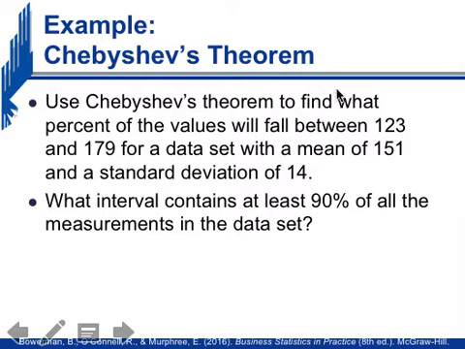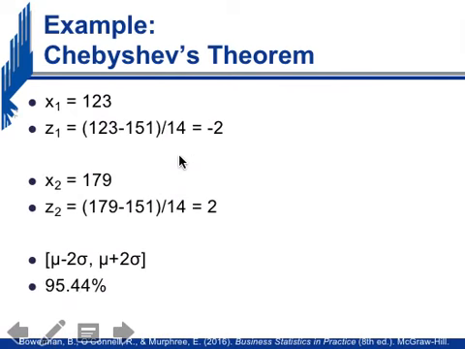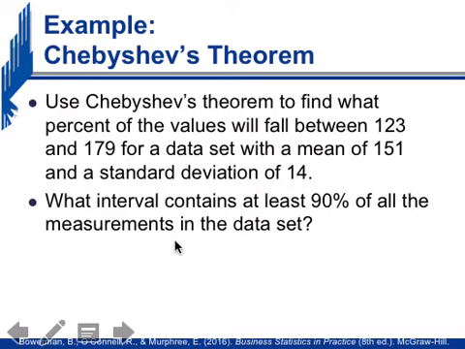So the z for the interval should be 2. So use 2 to compute for the proportion inside the interval. Now, if the dataset was normally distributed, we can say that the proportion is 95.44%. But if you don't know the distribution of the dataset, then it's better to just use Chebyshev's theorem.